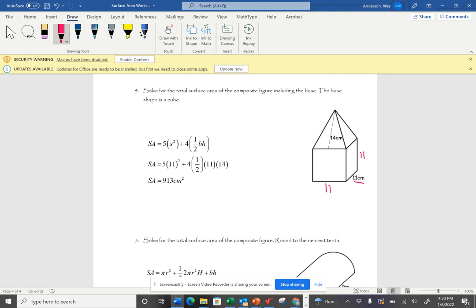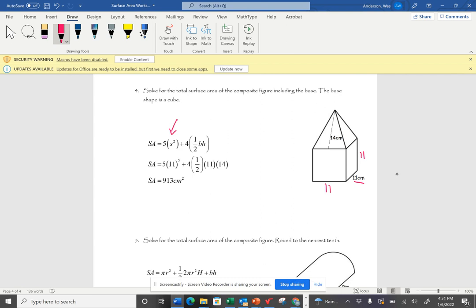All the sides of this cube will be 11. So to figure out the surface area, we're going to have every side of this cube except this top one. This top square does not exist anymore. Once we put this square pyramid on top, the top square goes away. So we're just going to figure out the area of 5 of the squares.